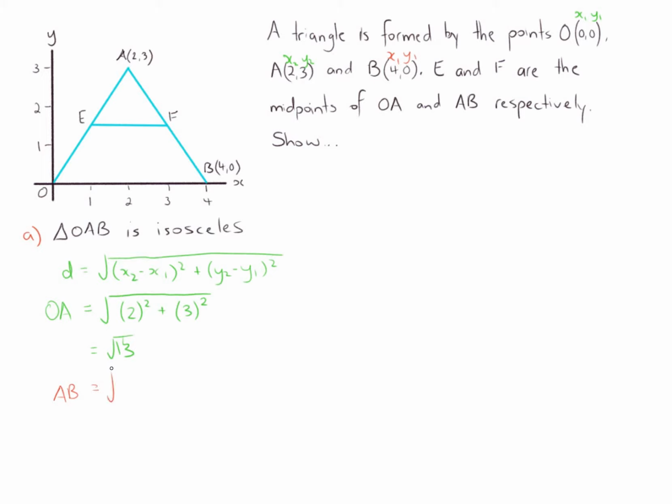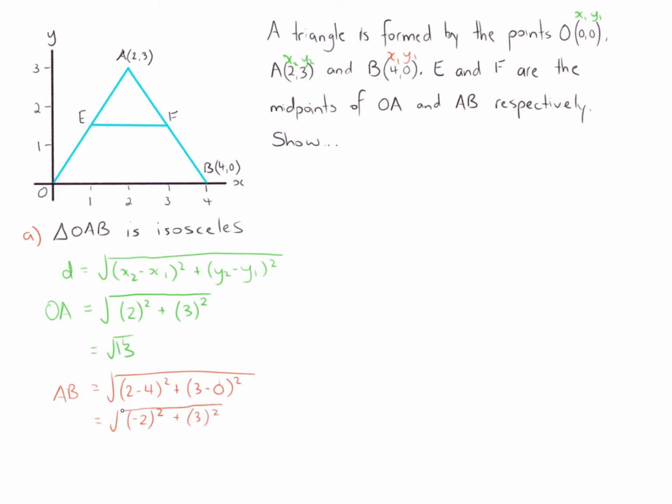Okay, so x2 minus x1, that's 2 take away 4. 2 minus 4. And y2 minus y1, that's 3 minus 0. Alright, now 2 take away 4, that gives us negative 2. And 3 take away 0 gives us 3.